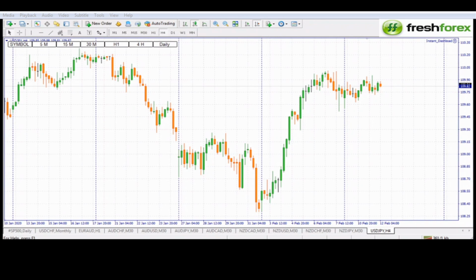Basically, gold and silver are in the same direction, which means if we get a clear signal on gold, we're supposed to translate the same thing on silver.